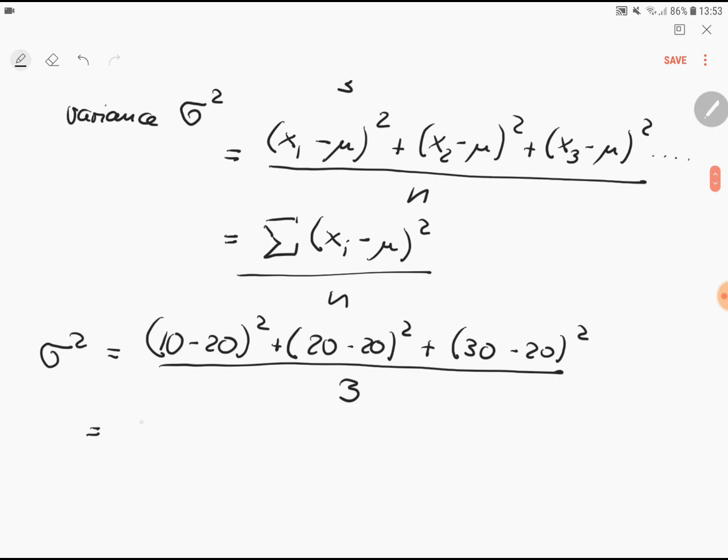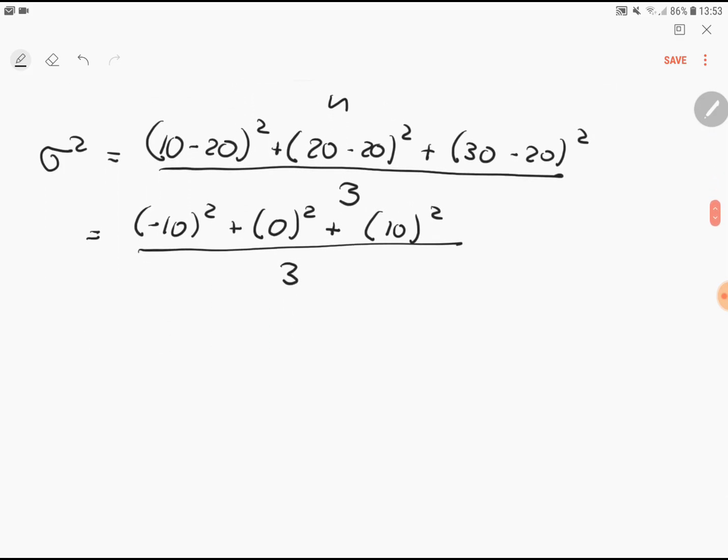So here we get negative 10 squared plus 0 squared plus positive 10 squared, divided by 3.